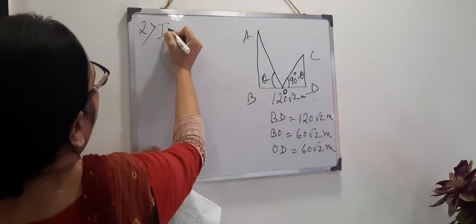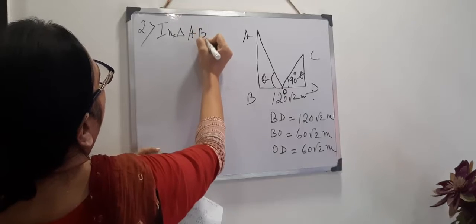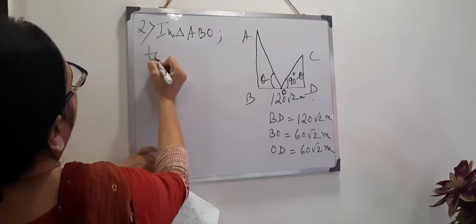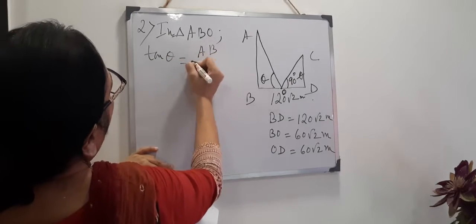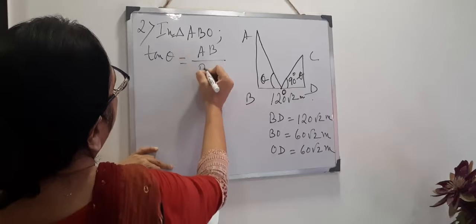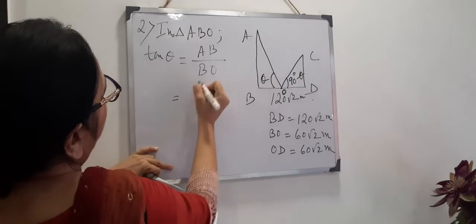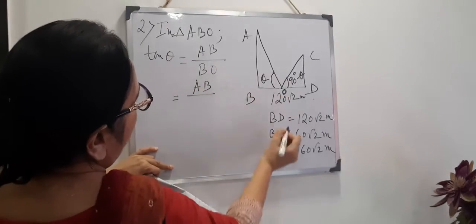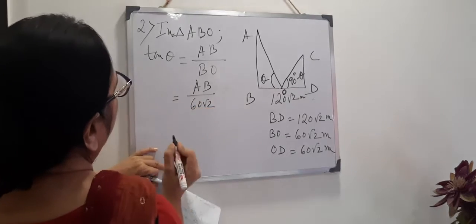In triangle ABO, tan theta equals to AB perpendicular by base BO. Here tan theta is unknown, AB is also unknown, and this BO, as this is the midpoint, it is 60 root over 2. Clear?